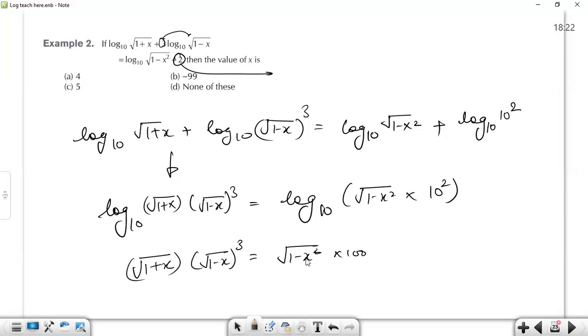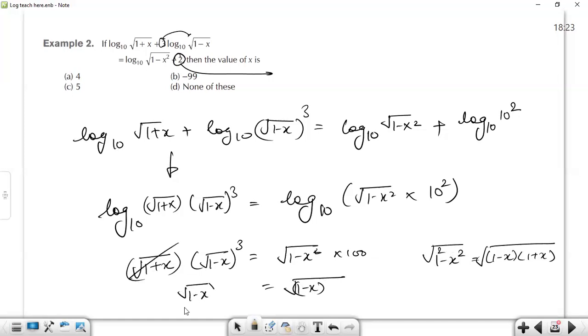This is what? 1 minus x square is what? The algebraic identity, correct? So 1 plus x will be cancelled here. Understood why it will be cancelled?